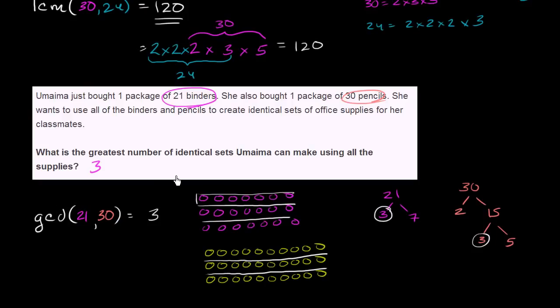That's the greatest number of identical sets Umama can make. I would have 3 sets, each with 7 binders and 10 pencils. And we're essentially just thinking about the largest number that we can divide both of these sets into evenly.